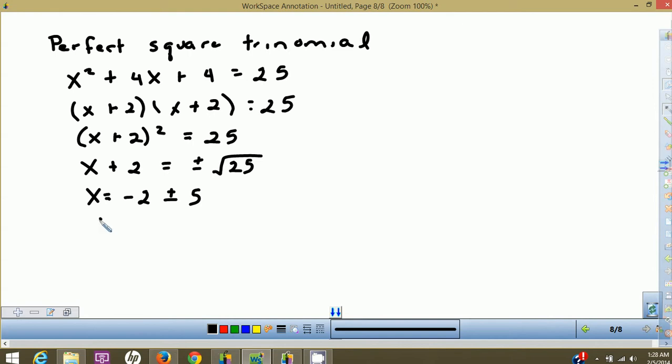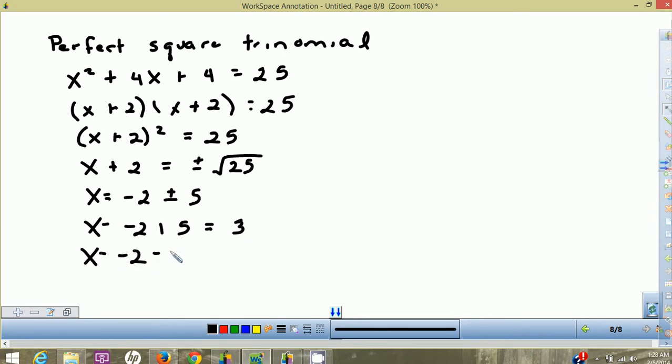The first solution, x could be equal to negative 2 plus 5, which would give us a value of 3, or x could be equal to negative 2 minus 5, which gives us a value of negative 7. So I have two x-intercepts here.